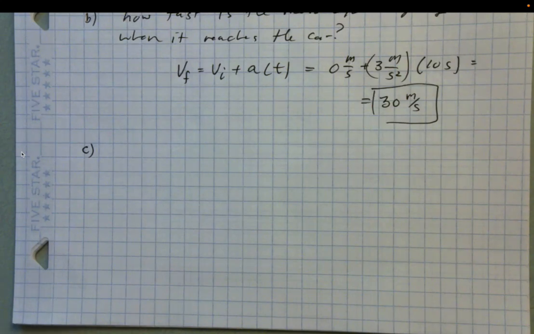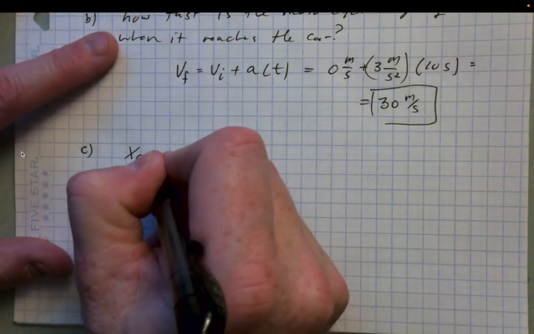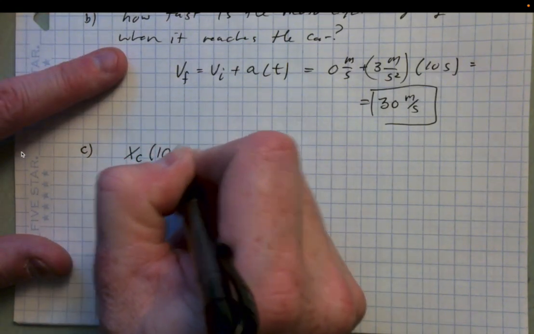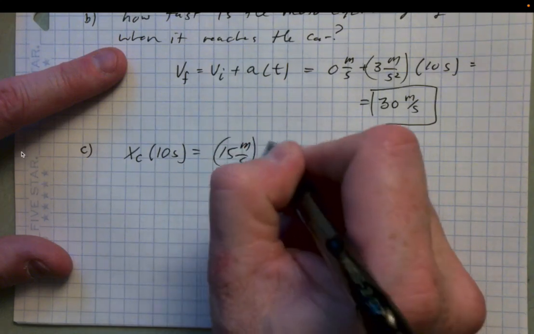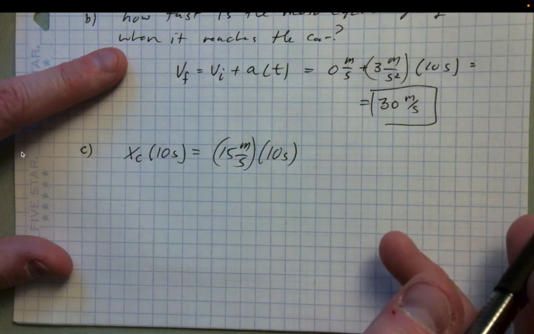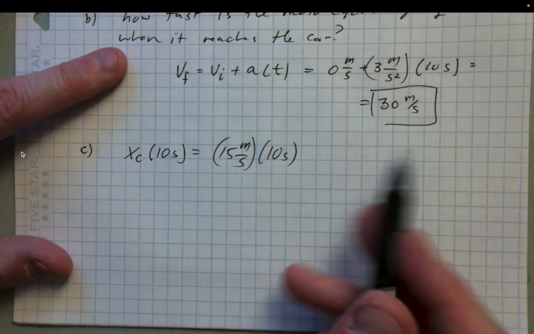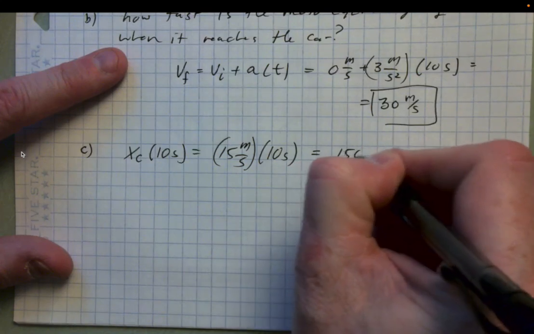That's the key time, when everything comes together. So we can use the position function for the motorcycle or the car and just plug in 10. Let's use the car. The position of the car at 10 seconds is equal to 15 meters per second times 10 seconds, and all the other terms were 0, plus 1/2 0 acceleration. So this is just equal to 150 meters.